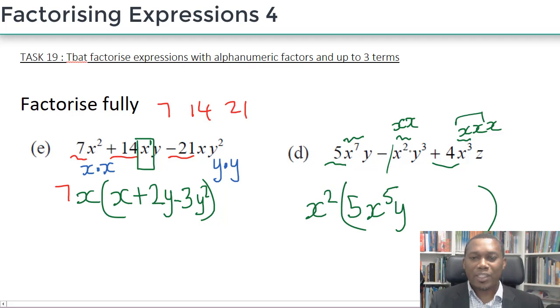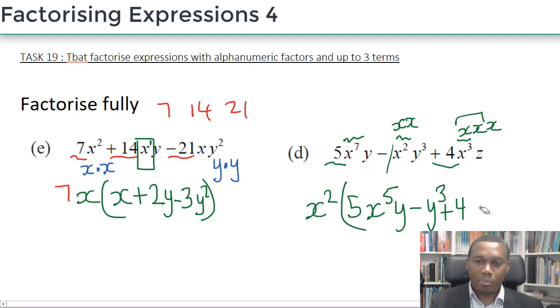Now, the second term. X squared is already outside the bracket. Y cubed is not. It is minus, so I put minus y cubed. And finally, I have to use the number. There's no number outside, so I have my plus 4. Probably need a bit more space on the bracket. Plus 4.